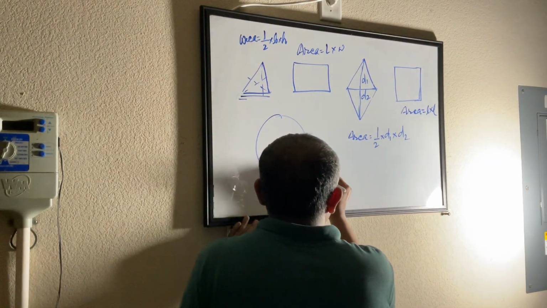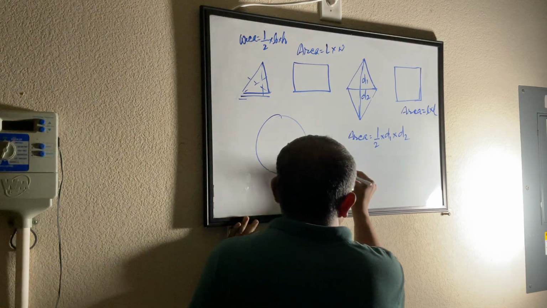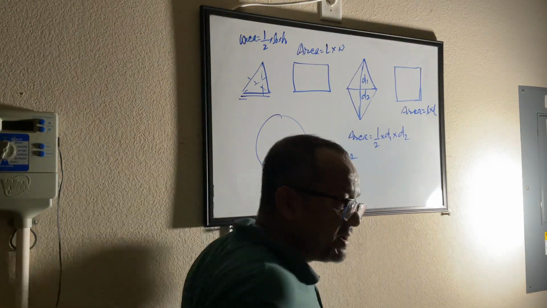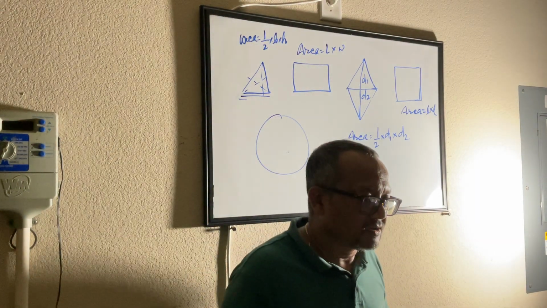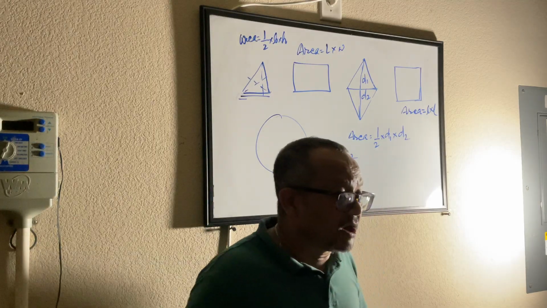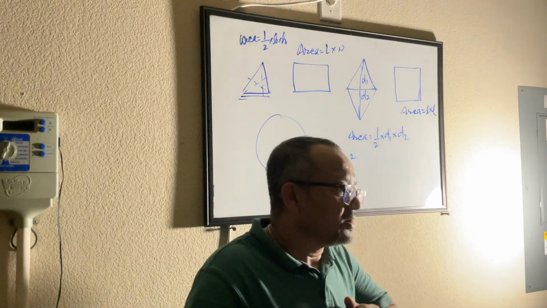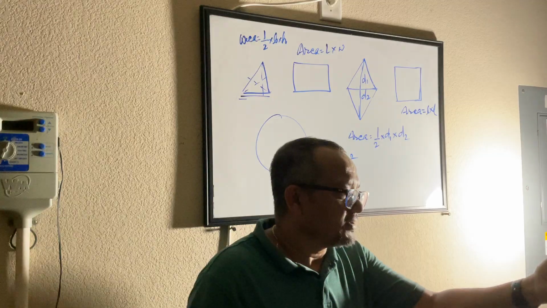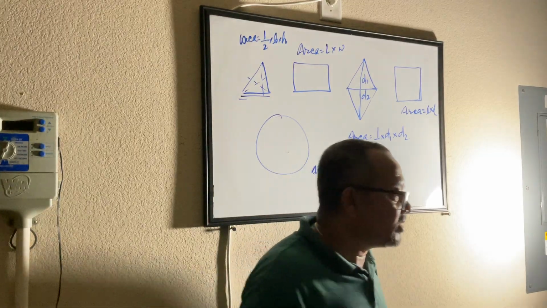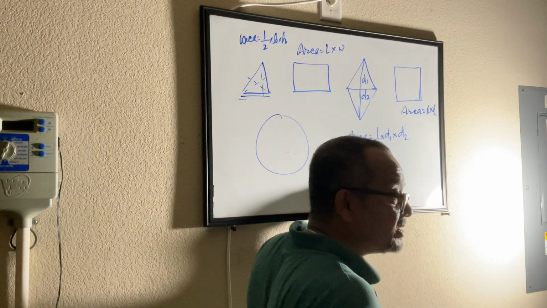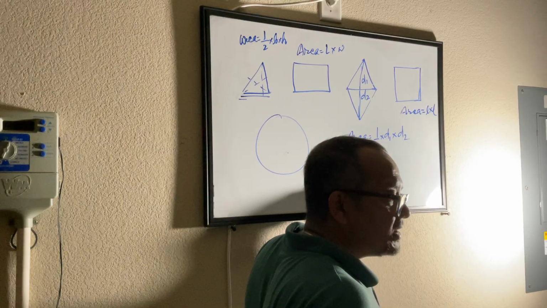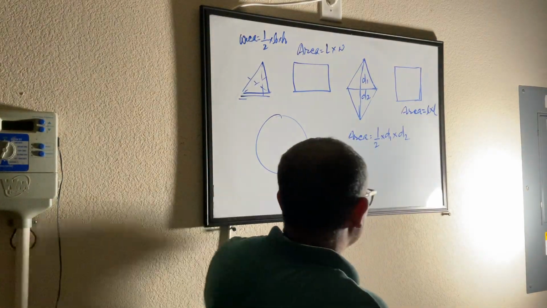Area of a circle is pi times r square. Everybody remembers it? Pi, this is pi.